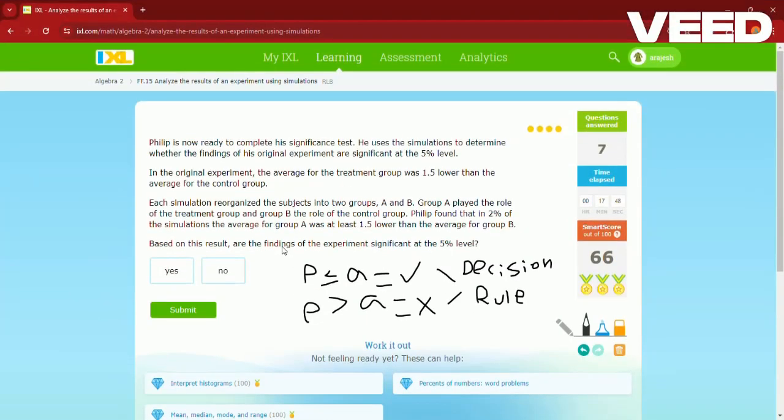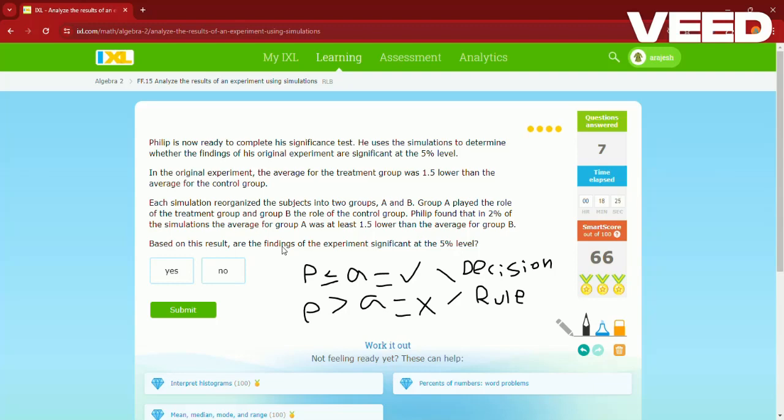Okay guys, this is part 2.4. Let's go. Philip is now ready to complete his significance test. He uses the simulations to determine whether the findings of his original experiment are significant at the 5% level. In the original experiment, the average for the treatment group was 1.5 lower than the average for the control group.